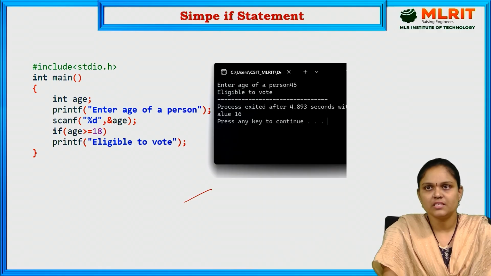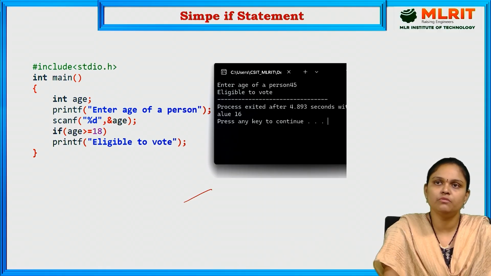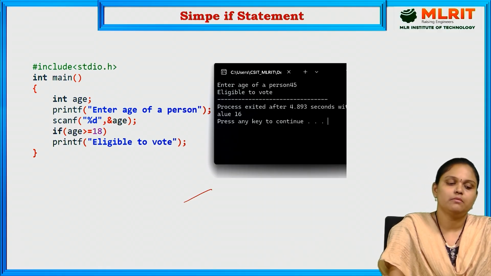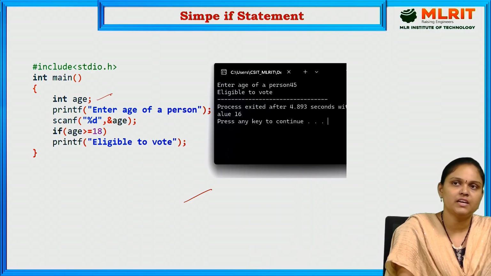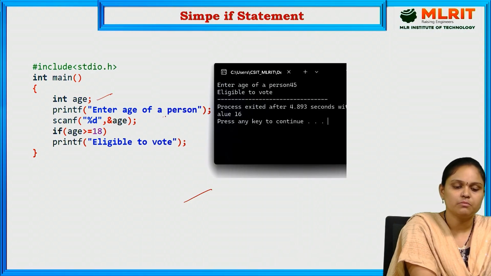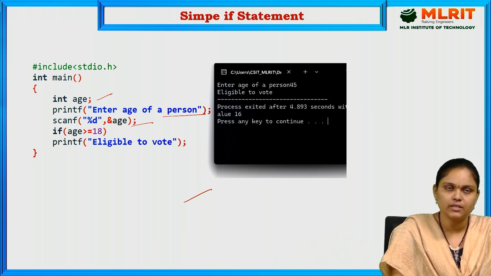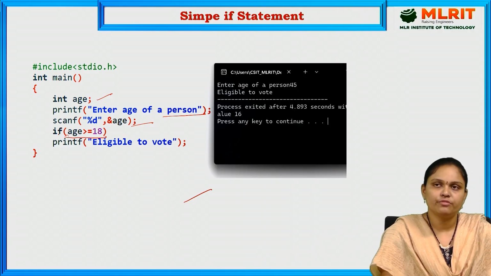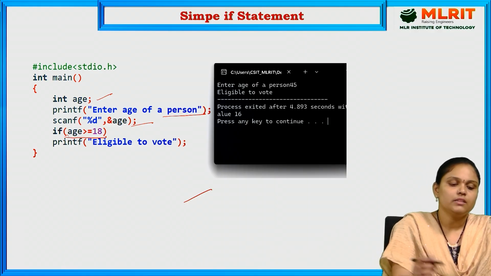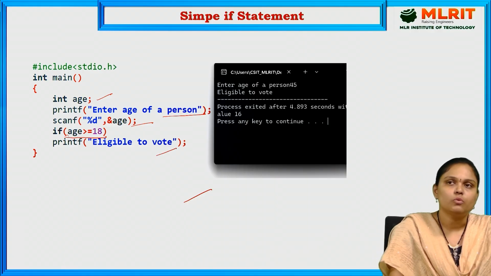We take one variable, age, and by using the printf statement we ask for the age of the person, and by using the scanf statement we read it. Then this is the condition that we write in the if statement: if the age is greater than or equal to 18, then that person is eligible to vote.